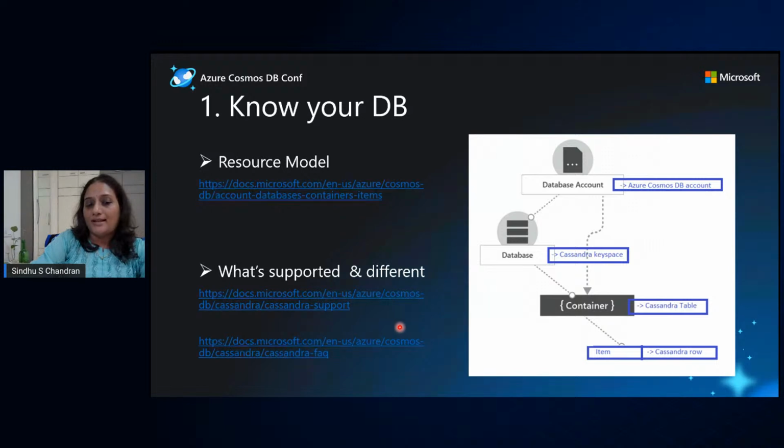So it is very important that we first review what is supported and different, so that we are not wasting time later deciding that what is not supported will not work, that we cannot live with it, or making sure that we know of the advantages that Cosmos DB provides. So these are the first two steps that I would start with: know your DB, or know your Cassandra DB on Cosmos.